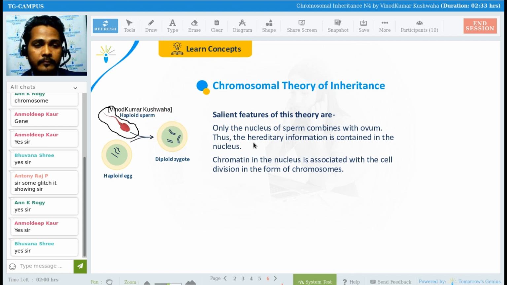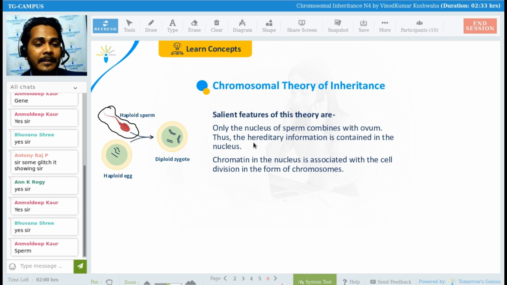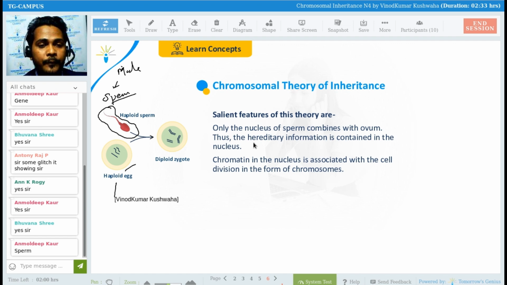In this image you can see this is a sperm from the male, and this is an egg from the female.